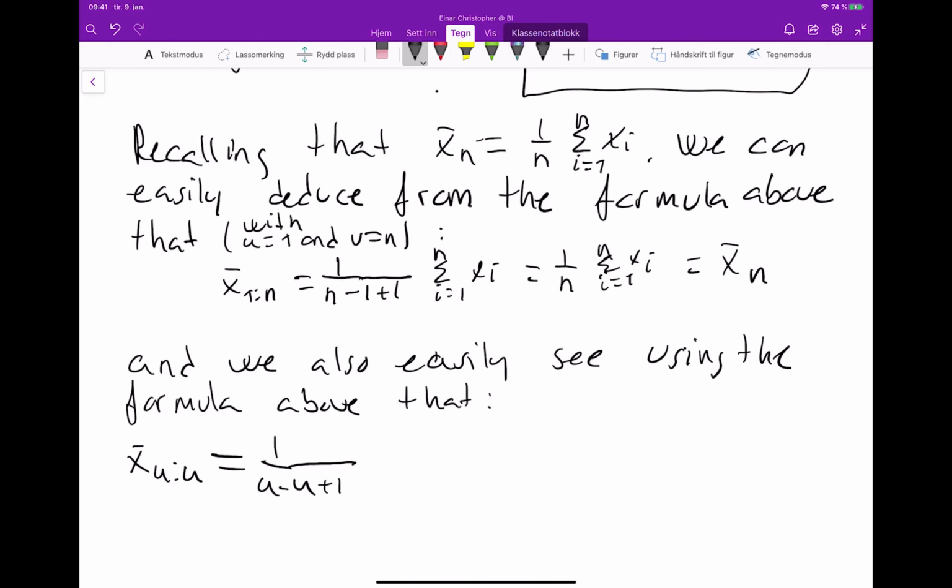So it will be like this, and we take the sum from i equal u to u of xi, and we see that we get 1 divided by 1 times xu, because the sum from u to u is just the one observation xu, divided by the number of observations, which is 1, and that is xu. And this is obvious.